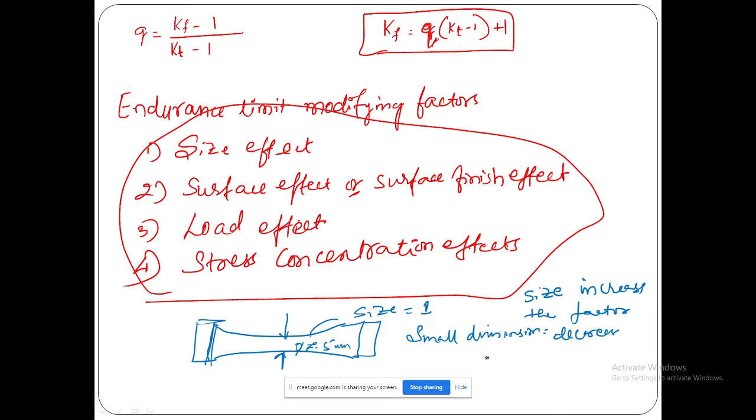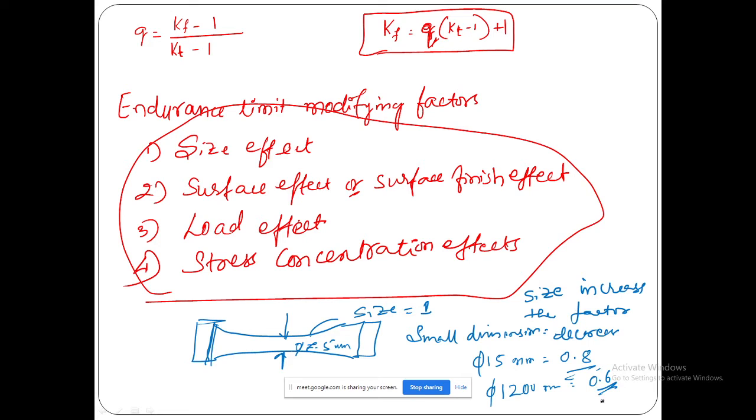If the diameter increases, let us take a diameter of 15 mm, now the size factor is going to reduce, it may go to 0.8. Suppose the size is too large, around 1200 diameter, then it may come to 0.6.